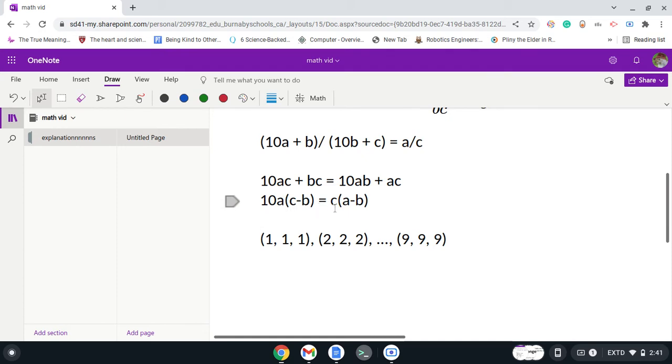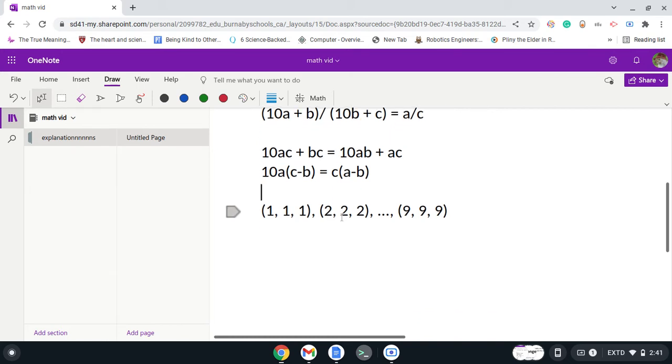But since both c and a minus b can't be greater than or equal to 10 and can't be less than or equal to negative 10, we know that c or a minus b must be 5, or a minus b can also be negative 5, and the other must contain a factor of 2.